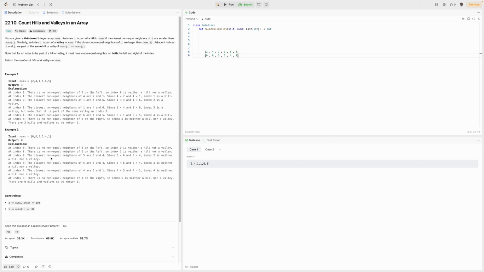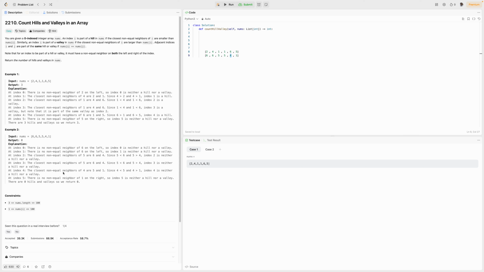At index 2, the closest non-equal neighbors of 5 are 6 and 4. At index 3, the closest non-equal neighbors are 6 and 4. So 5 is neither a hill nor a valley.